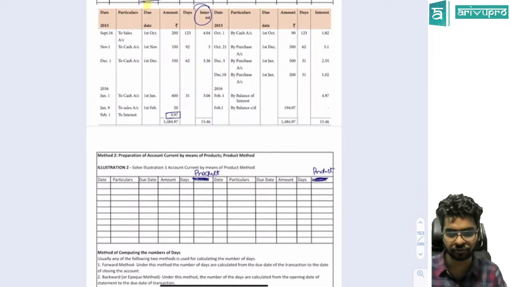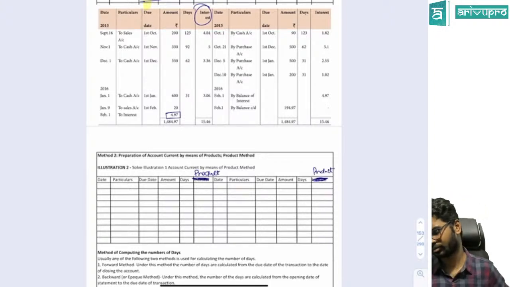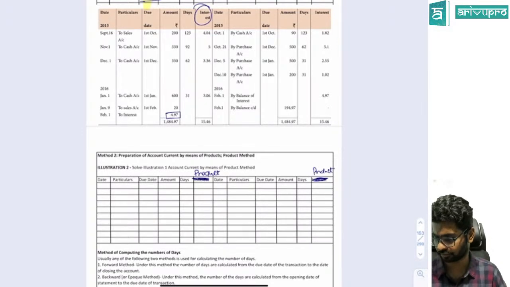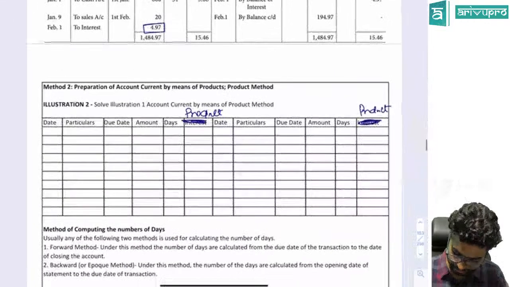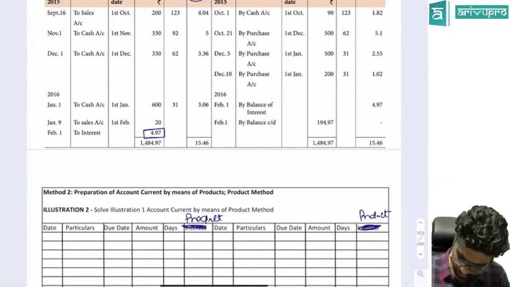Guys, are you clear with the first one? Done? Now, see here, guys, I'll do it for one, so you look into it.